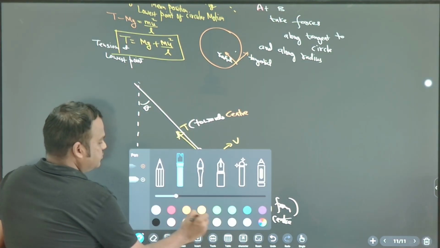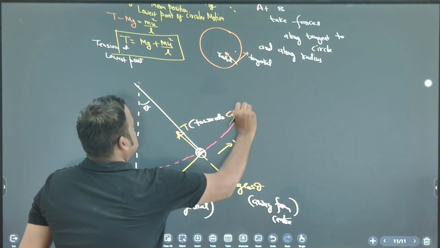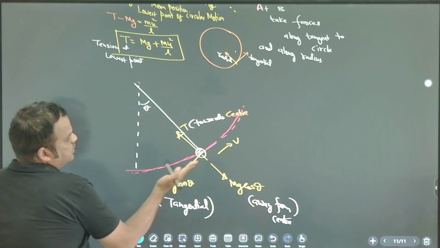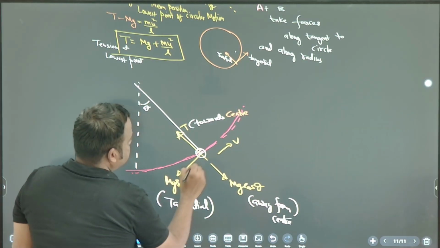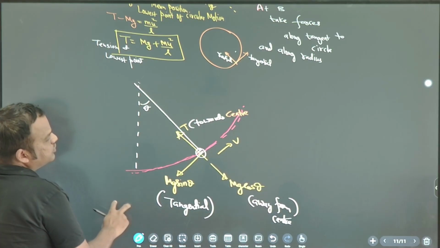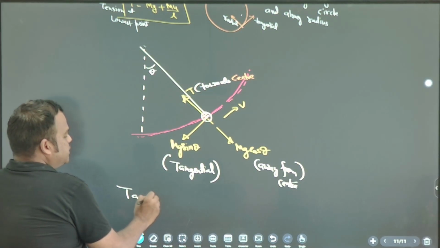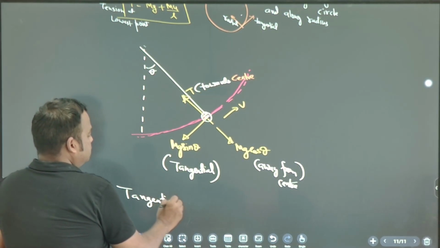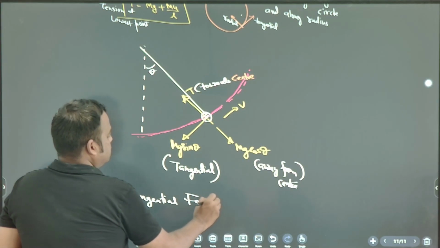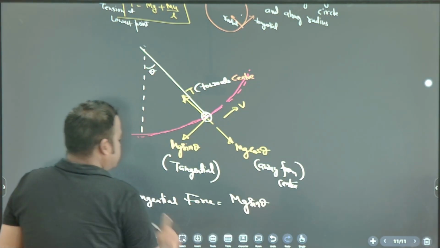Are you getting? So what is the tangential force? mg sin theta is the tangential force.